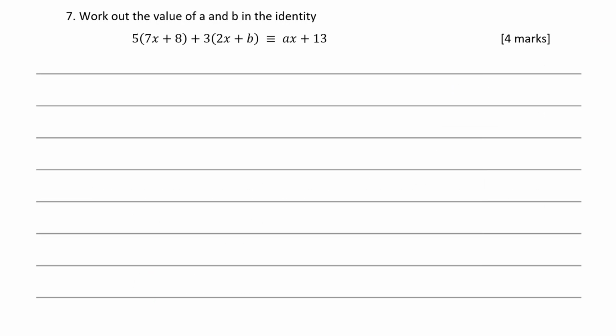Now, question 7, work out the values of a and b in the identity. And I've got 5 lots of 7x plus 8 plus 3 lots of 2x plus b is identical to ax plus 13. Okay, so I've got quite a complex expression on the left-hand side of my identity symbol and a fairly simplistic one on the right. Now, when you've got identities, these are not like equations that you have to solve.